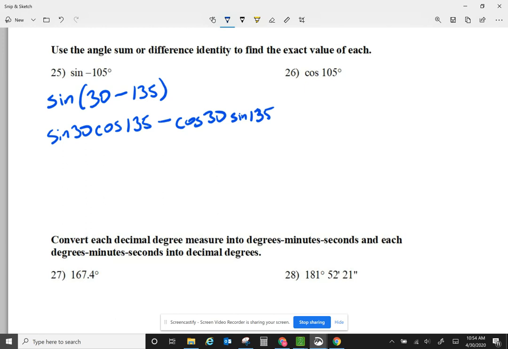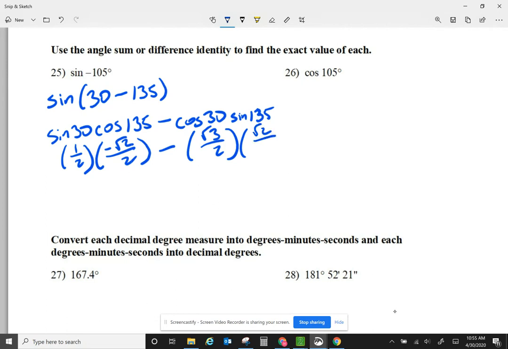Sine of 30 is 1/2. Cosine of 135 is negative radical 2 over 2. Cosine of 30 is radical 3 over 2. Now, sine of 135 is radical 2 over 2.